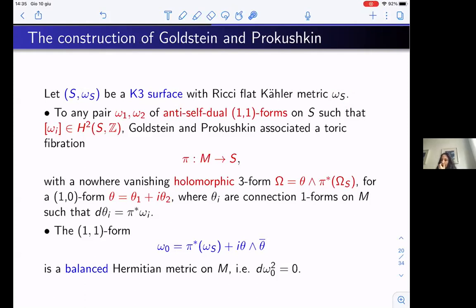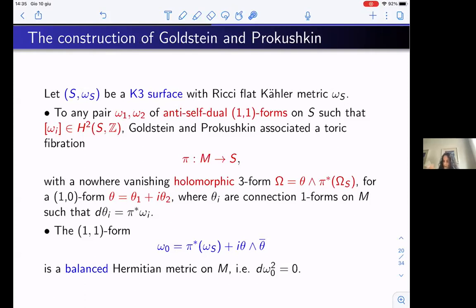Now the idea is to construct a torus bundle in this way. So we choose a pair of (1,1)-forms, which are this time anti-self-dual, okay, such that the classes of omega I are integer. Here often I will forget about the factor 1/2 pi, okay. Anyway, using essentially connection 1-forms on M, theta 1, theta 2, such that you have d theta I equal to the pullback of omega I, they construct in a natural way the toric fibration, okay?